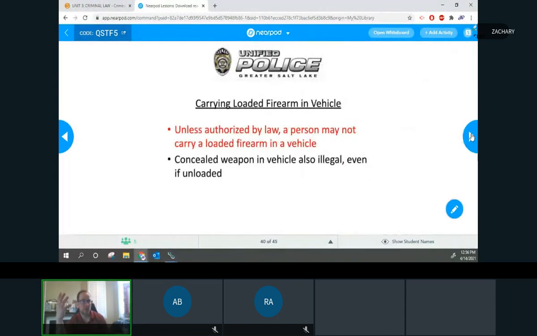So if you're hunting or something like that and you're carrying a gun, that's different. Carrying a loaded firearm in a vehicle. And that's why I think it's important to at least have the concealed weapon class, because the concealed weapon class actually goes over these types of laws that you may not know.